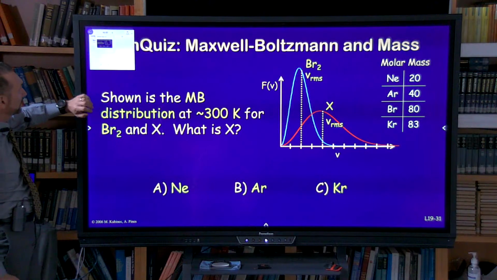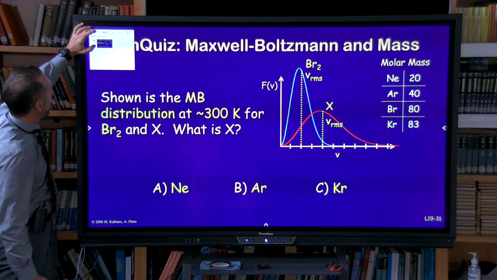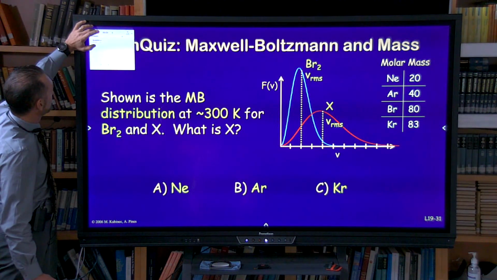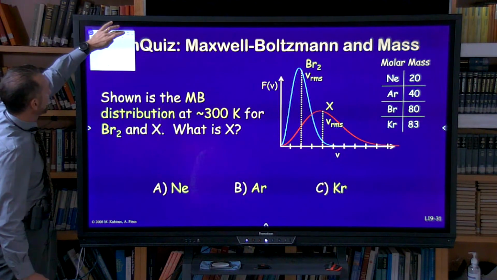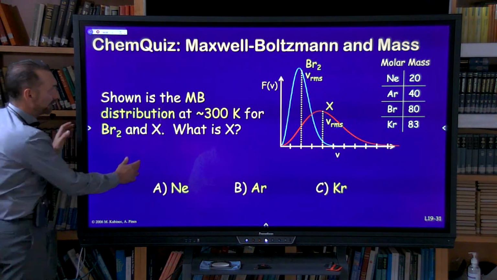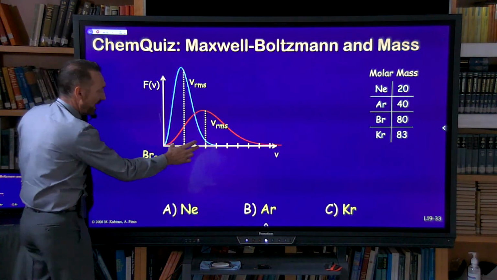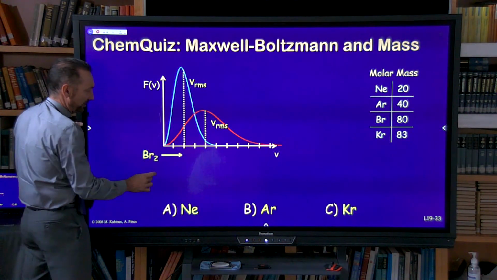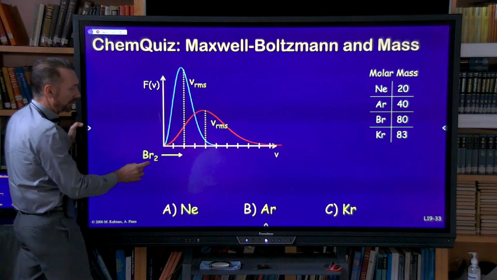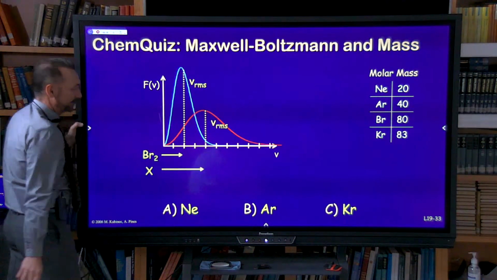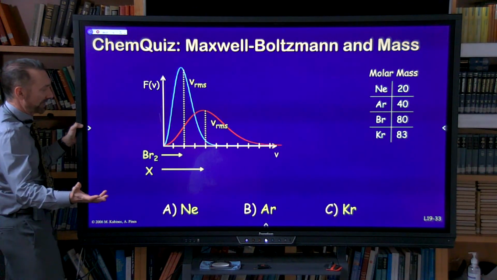So let's look at that. Let's talk through it. It looks like you guys have the right idea here. So that was quantitative information: bromine molecules and X particles, whatever they are.